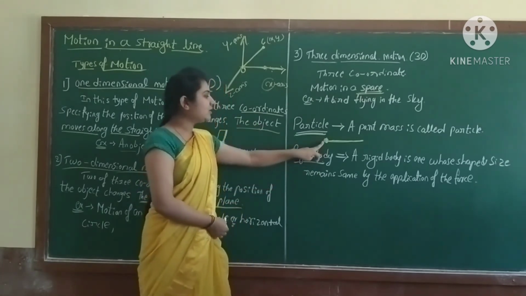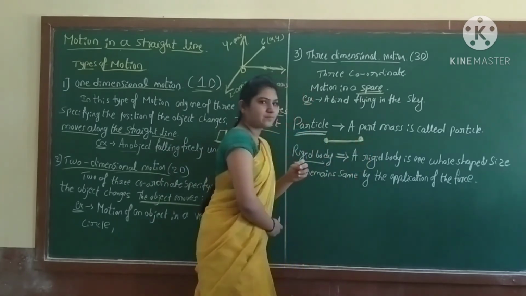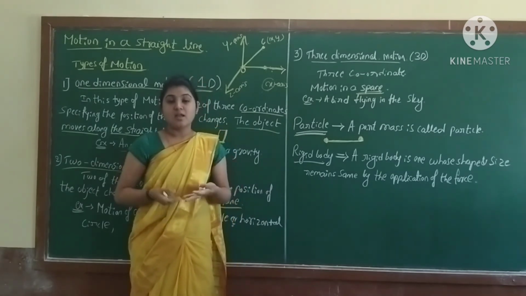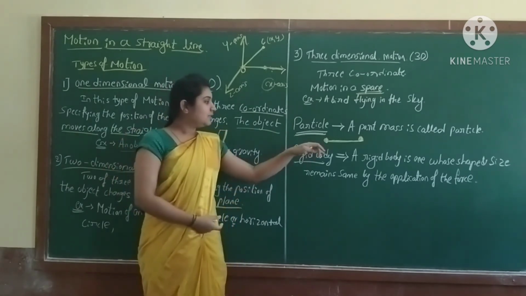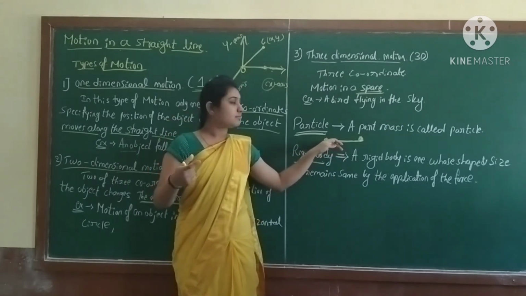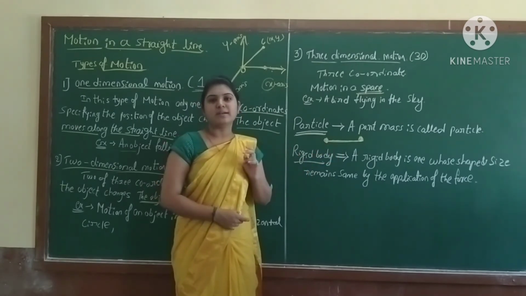So it can change its position because it has mass. And that only we call a particle, a point mass. This point has mass. It changes its position and we can say it is a particle.